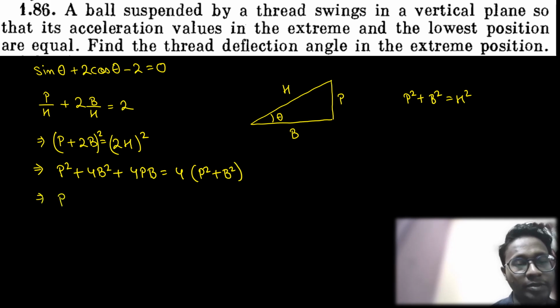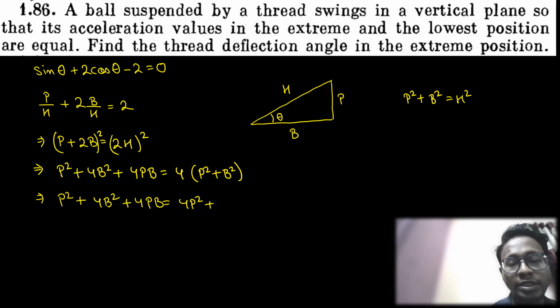Or perpendicular squared plus 4 base squared plus 4 perpendicular into base is equal to 4 perpendicular squared plus 4 base squared. 4b squared gets cut. And what is left? p squared goes to the right hand side and becomes 3p squared. So out here, this p squared will go to the right hand side, it will get subtracted from 4p squared.